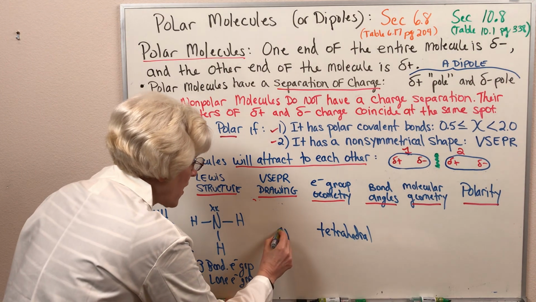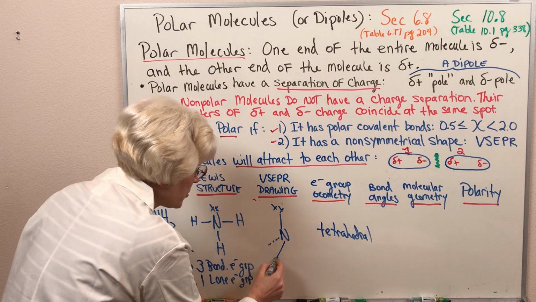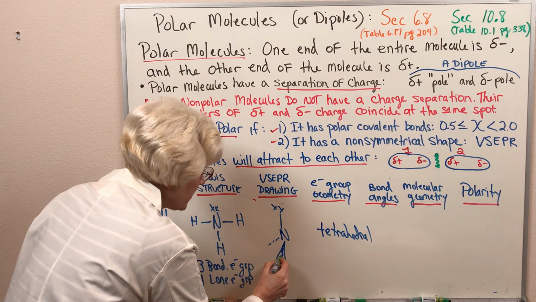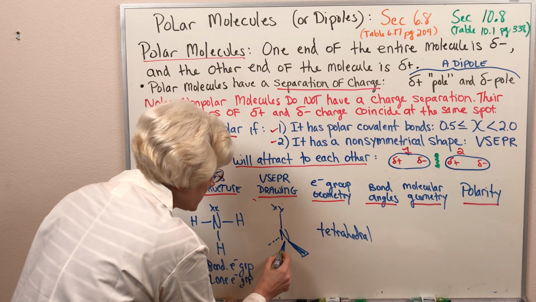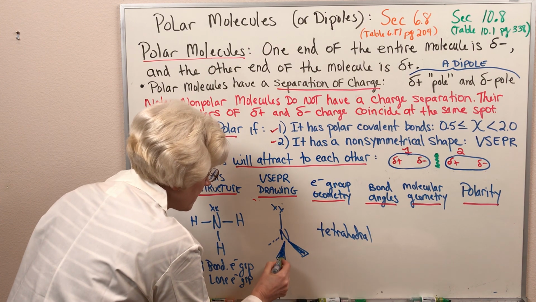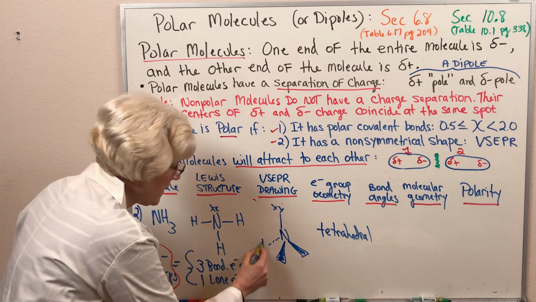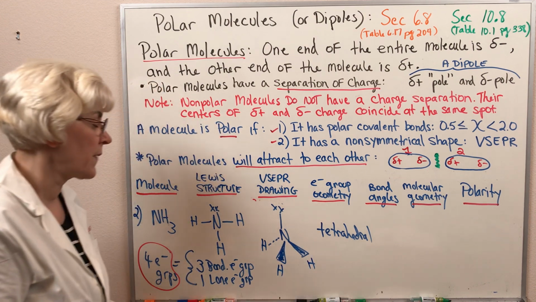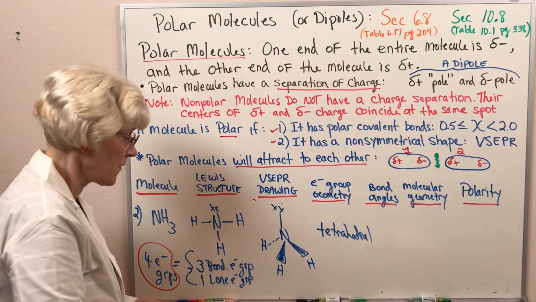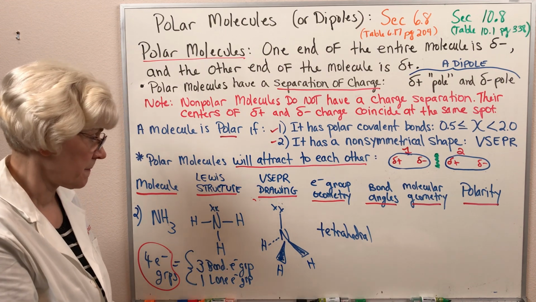And we can draw the structure of ammonia showing that tetrahedral shape that the electron groups are assuming. So here is my lone electron pair, and then these remaining electron groups are bonding groups involved in a bond between nitrogen and hydrogen.